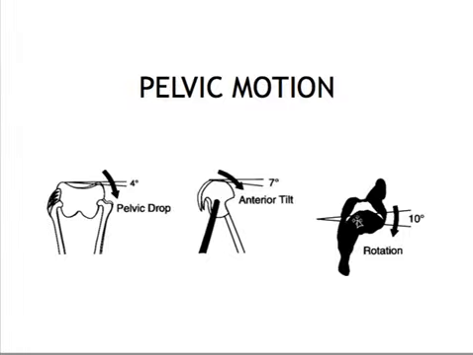What we can see is that if we rotate the pelvis toward the advancing limb, we get this increase in forward progression, which is significantly associated to improving stride length.